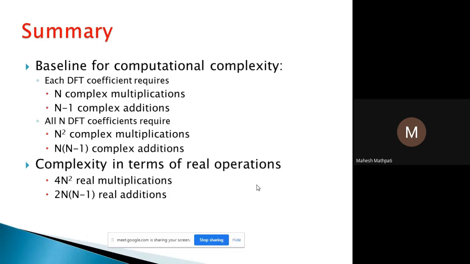Again, the baseline for computational complexity: each DFT coefficient requires n complex multiplications and n minus 1 complex additions, and all N point coefficients require n square complex multiplications and n into n minus 1 complex additions.